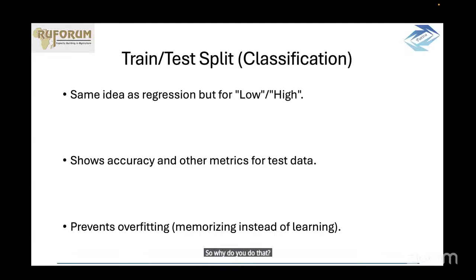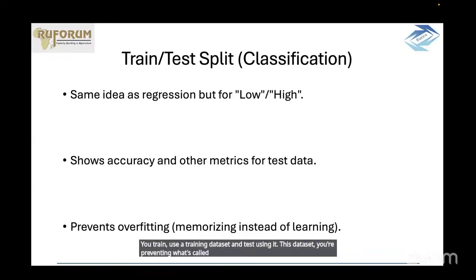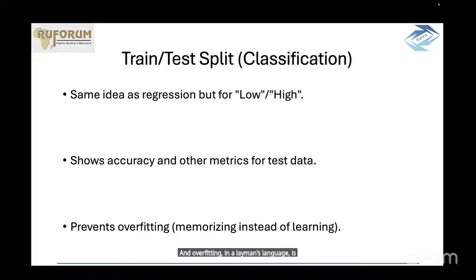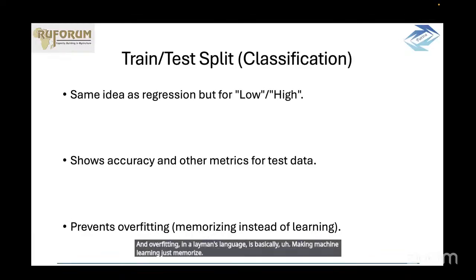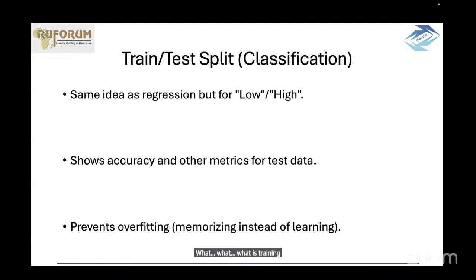Mainly when you train using the training data set and test using the test data set, you're preventing what's called overfitting. Overfitting, in layman's language, is basically making the machine learning just memorize what is in training instead of learning from it.